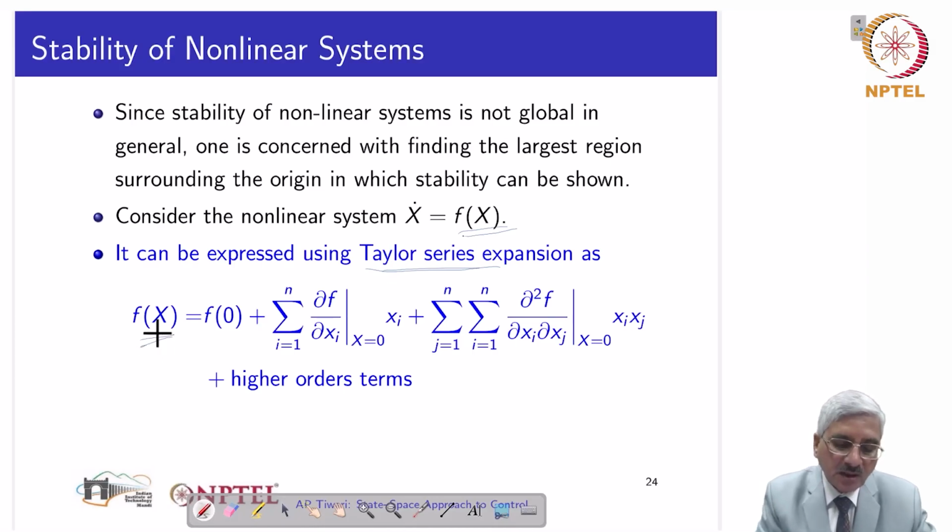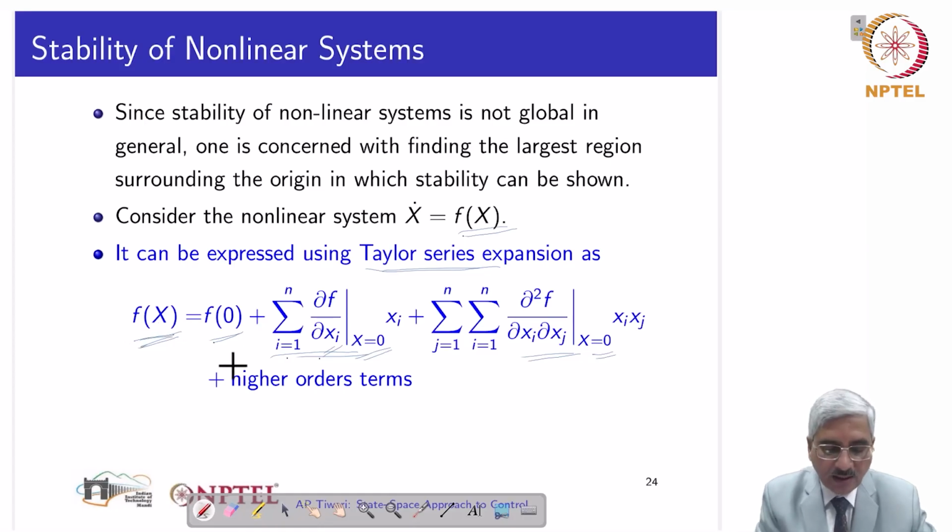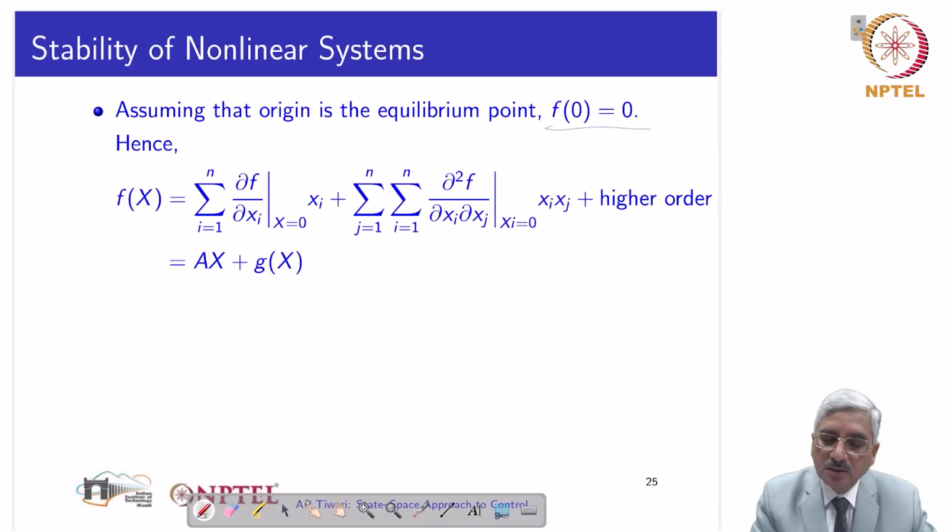Thus f(x) becomes f at x equal to 0 plus the summation of partial derivatives of f with respect to different components in x, del f by del x1 plus del f by del x2, etc., all evaluated at the origin, plus the summation of the second order partial derivatives, del 2f by del x1 del x1, del x2, etc., again evaluated at x equal to 0.